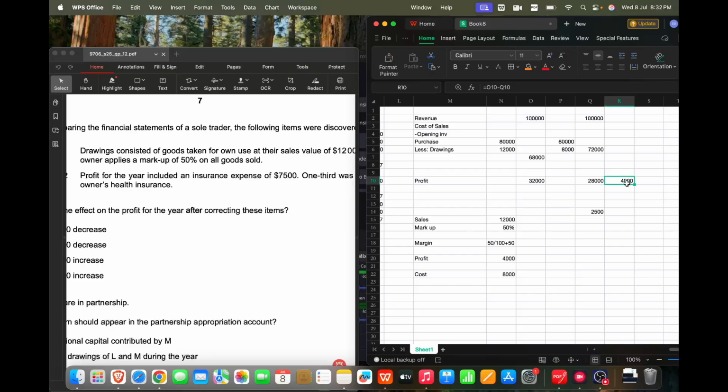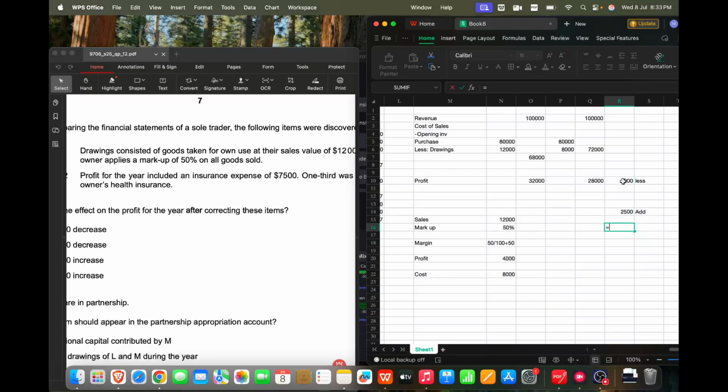Okay, here my profit will decrease by 4,000 because my cost of sales will increase, which will lead to a decrease in the profit. And here my expense will decrease, which will increase the profit by 2,500. So this will decrease my profit and this will increase my profit. Okay, so this is less and this is add.